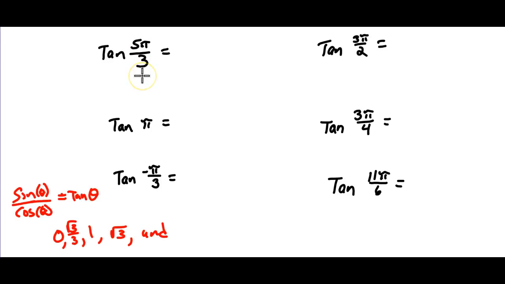So 5 pi over 3. The first thing is to say, where is that angle, 5 pi over 3? Well, I know it's bigger than pi because 3 pi over 3 is equal to pi right here. And so pi is right here. Notice 2 pi is all the way around the circle. If I put a 3 in the denominator, I'd have to make this 6 pi over 3 to be the same thing as 2 pi.